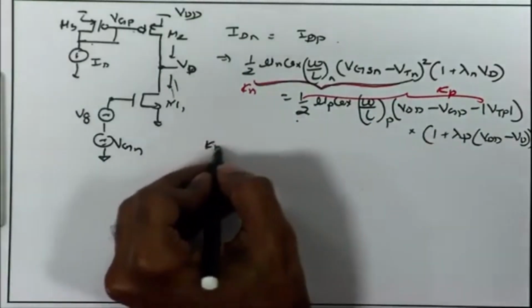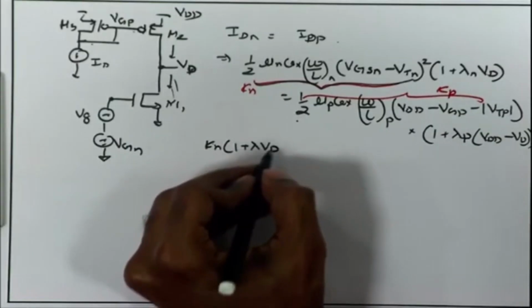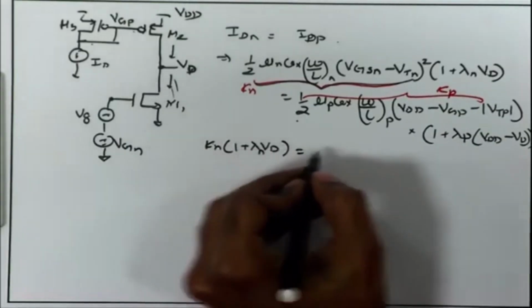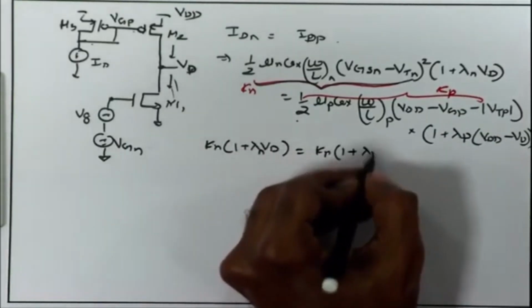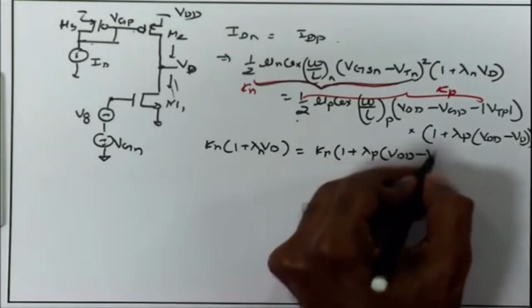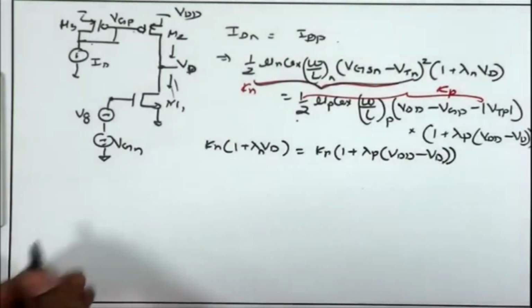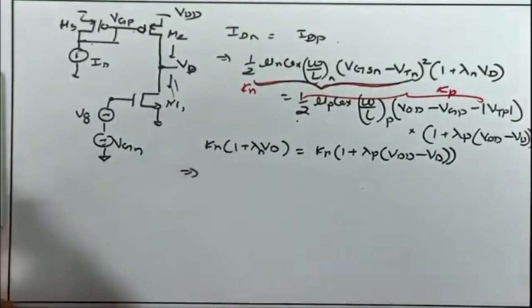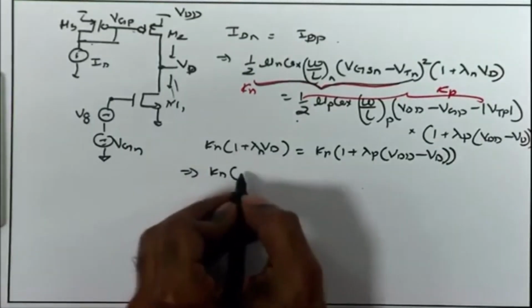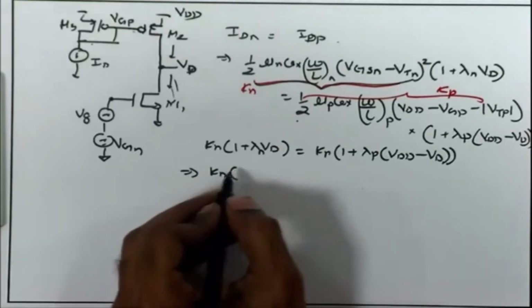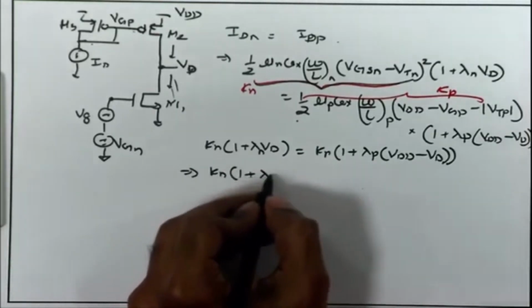So, Kn times 1 plus lambda n times Vd should be equal to Kp times 1 plus lambda p times Vdd minus Vd. And then we can take the Kn on the one side, and we have the equation for Vd.